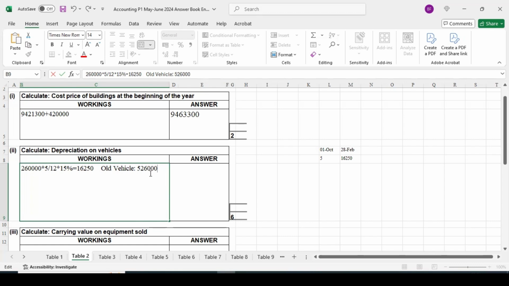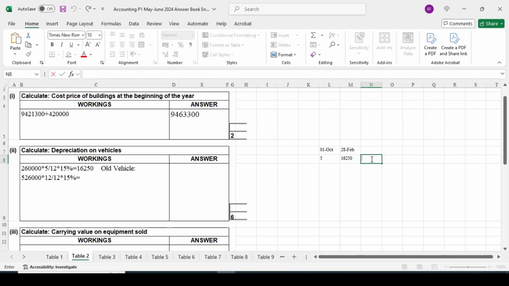So now this lasted for the whole year. So it's going to be times 12 over 12, which is going to give us 1. And then times the percentage, which is the 15% per annum. So it should give us how much was the depreciation for the vehicle that lasted for the year.